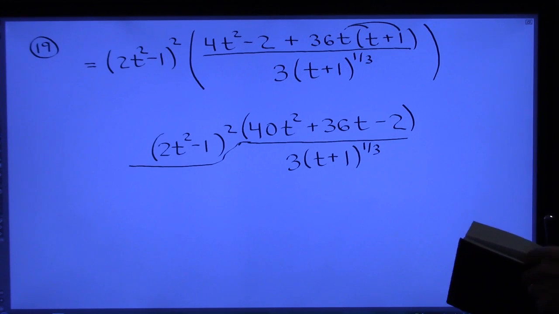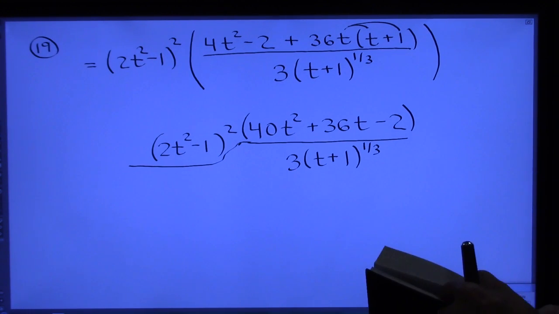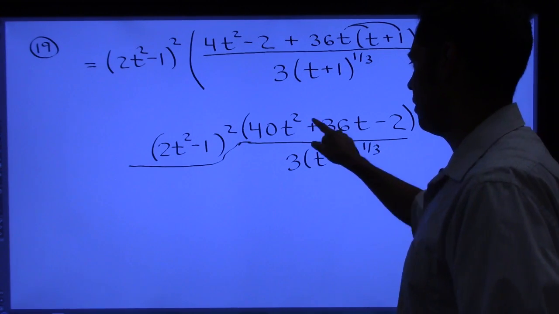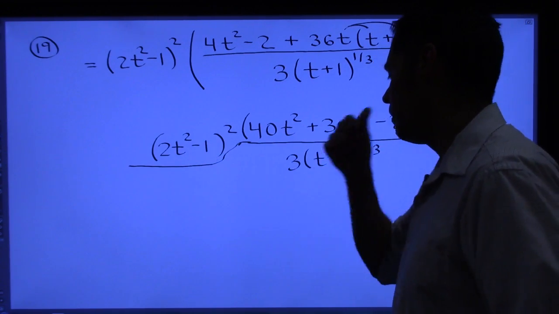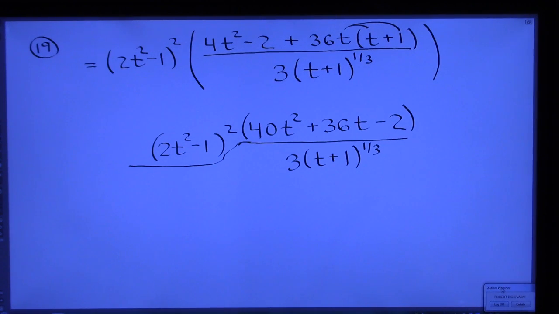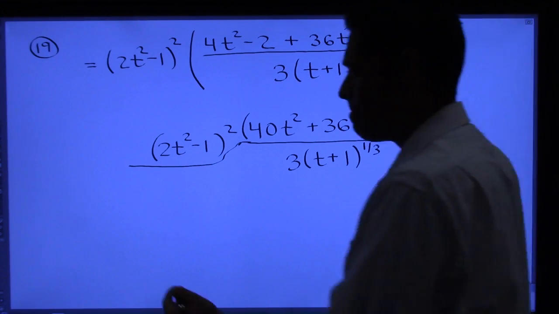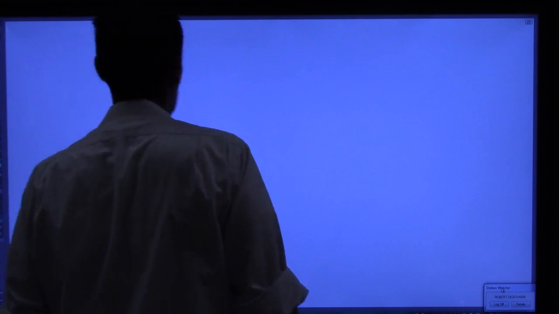It's close, but they pulled a 2 out of this. They put it out here, and they just wrote it a little different, but we're at the same place. If you look at it, it looks way different, but it's not. It's just a 2 needs to come out of this. But this is fine. This isn't wrong. All right, interesting. That was number 19.